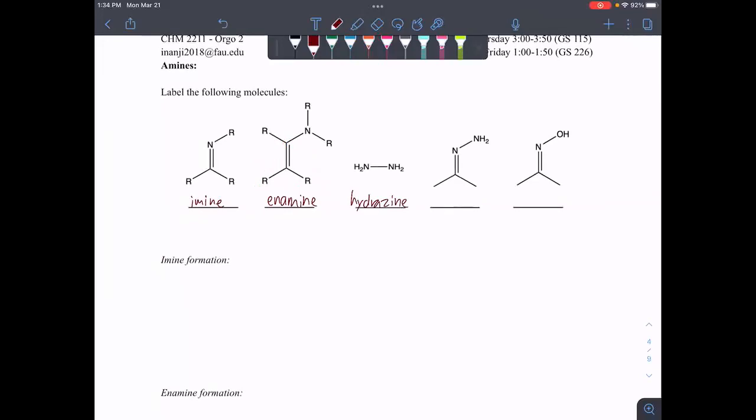Just two amines connected to each other. The fourth one is a hydrazone. And then the very last one is an oxime. That one's kind of easy because it starts with an O and then there is an alcohol attached to it.